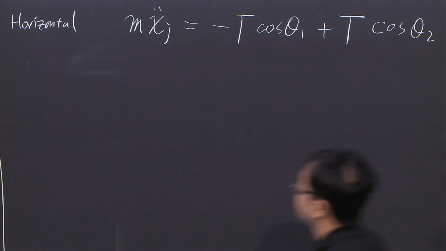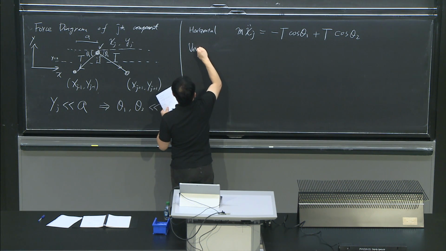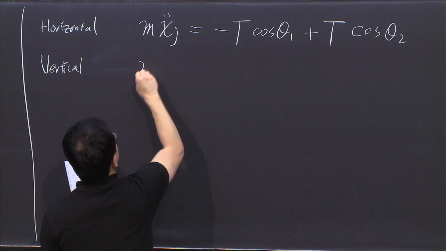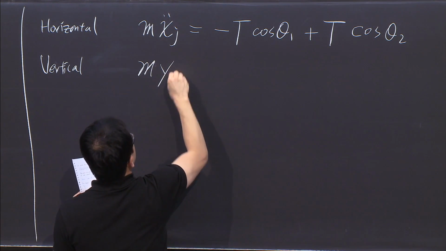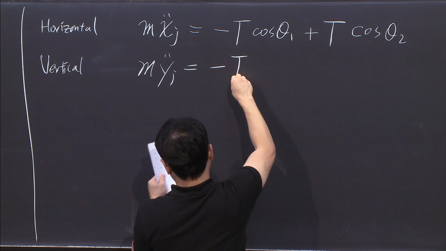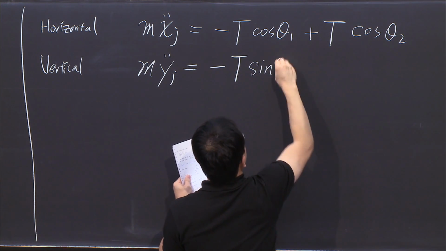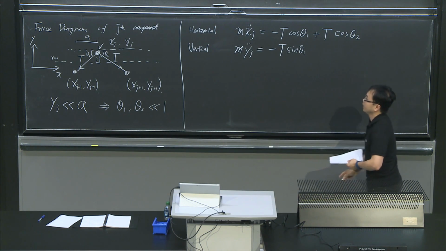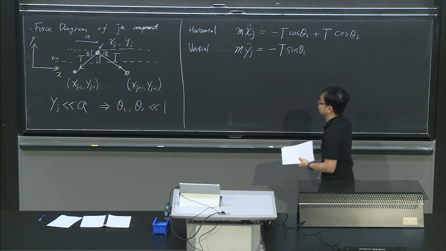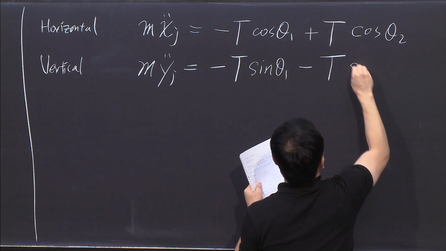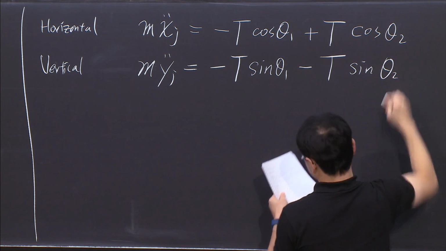And in the vertical direction, I get m yj double dot equal to minus T sine theta 1, now doing the projection on the y-axis in the vertical direction, and minus T sine theta 2.